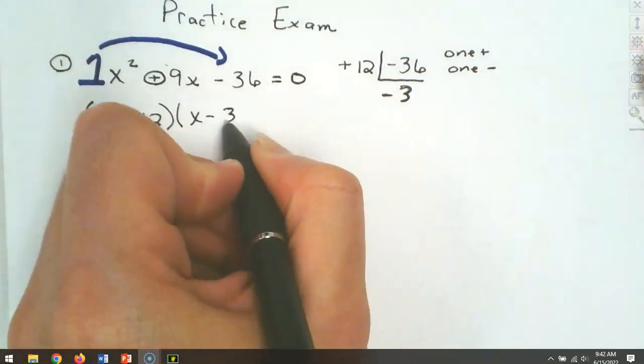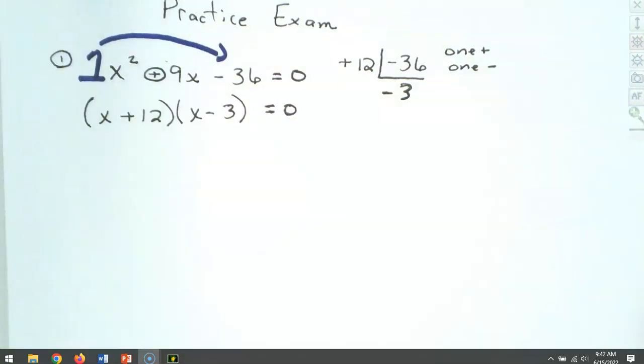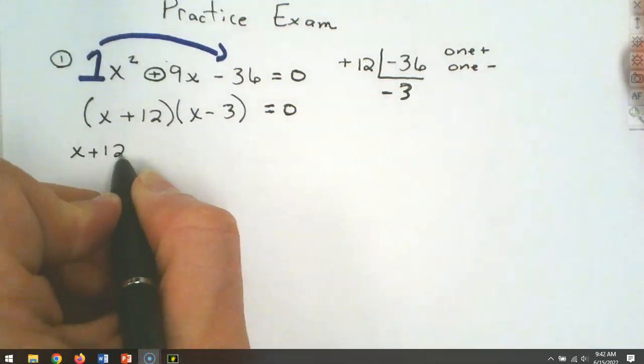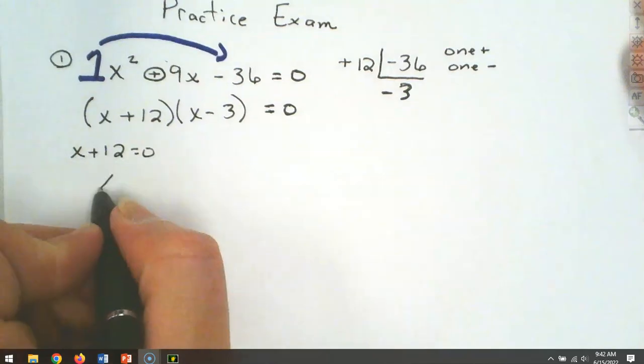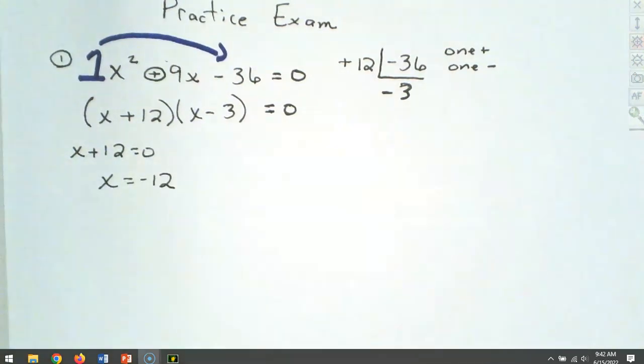So in this case, I can jump directly to my factors, which are here. Where students make a mistake is they get all the way to the end here, and then they say my answers are 12 and negative 3. Well, my answers are not 12 and negative 3, are they? What do we have to do? We have to set x plus 12 equals 0 and move that 12 over. So you have to remember that your answer is a negative 12.